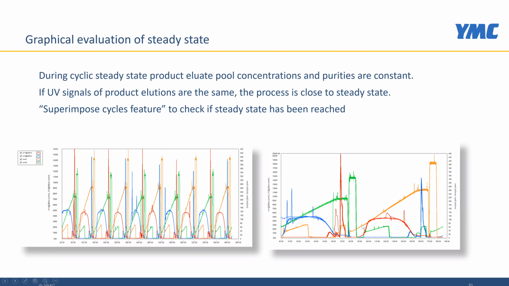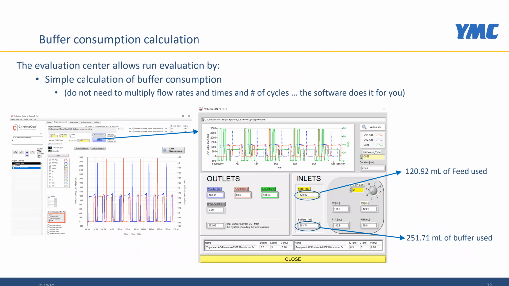And again, graphical evaluation of cyclic steady state means if the chromatograms overlay or exactly match, essentially you expect to have a constant product quality from cycle to cycle, and it means that you have reached a steady state. Also, buffer consumption is important, and it can be estimated using the evaluation center.